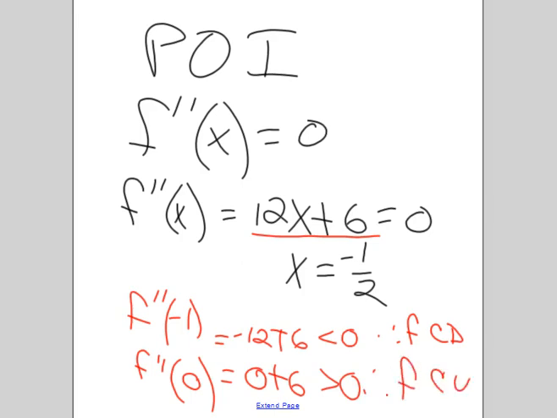And now here's your concluding sentence in English. Because f double prime changes signs, you don't even need to say from what, just the fact that it changes signs, then f has a point of inflection at x equals negative 1/2.